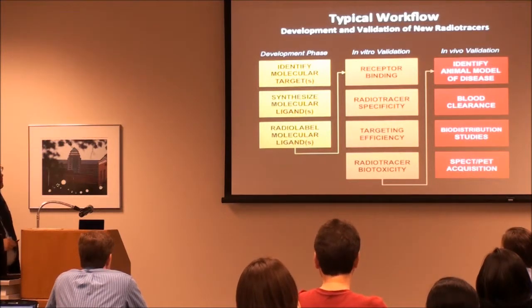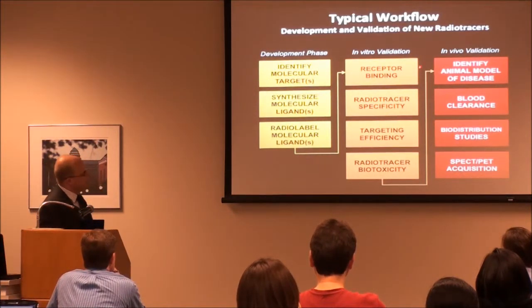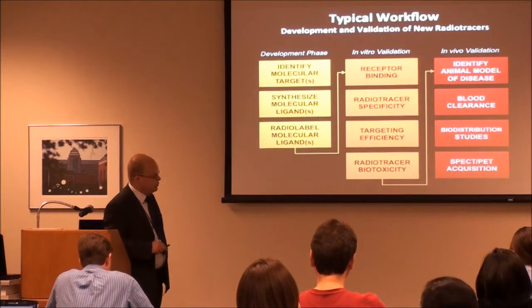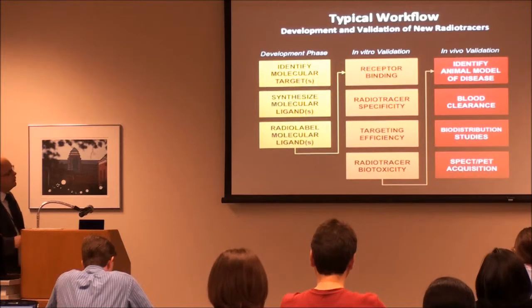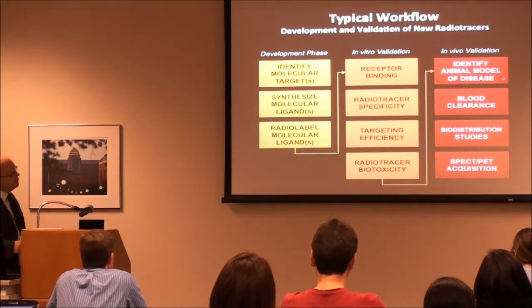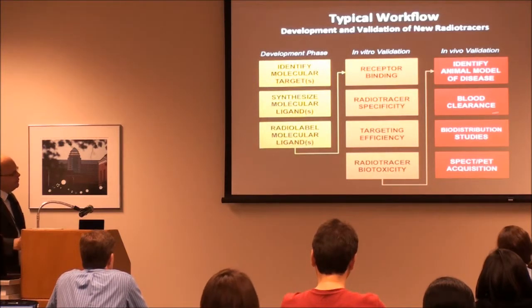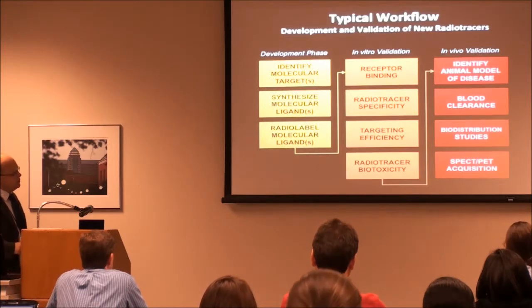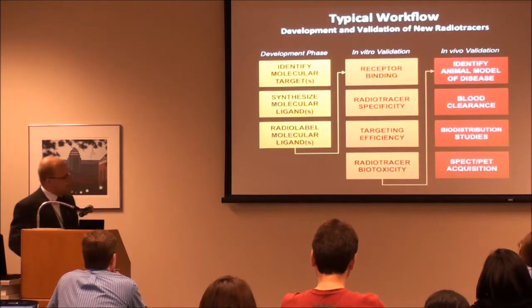Then we go to the in vitro validation phase, where we check the receptor binding, specificity, targeting efficiency, and radiotracer biotoxicity. After this validation phase, we can inject the agent into the animal. But first we need to identify the animal model of disease and check some of the kinetics, like blood clearance of the new tracer, by biodistribution studies. And finally, we can do image acquisition, in the case of nuclear techniques, SPECT or PET acquisition.